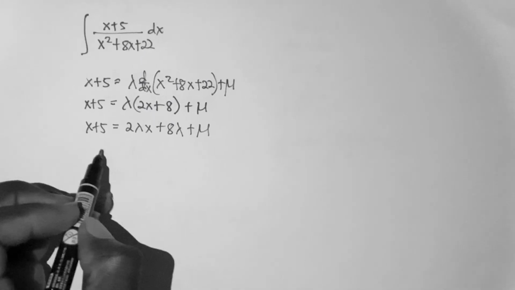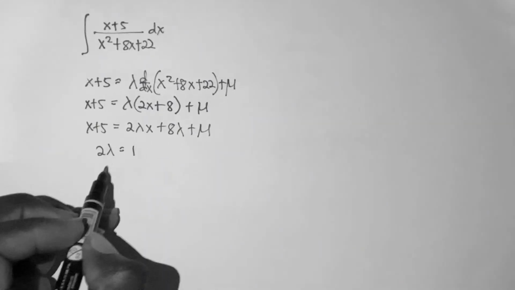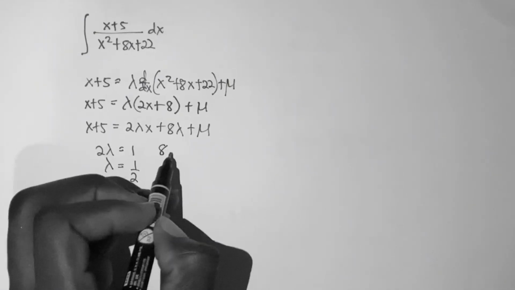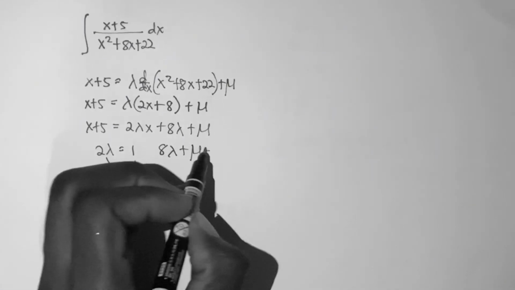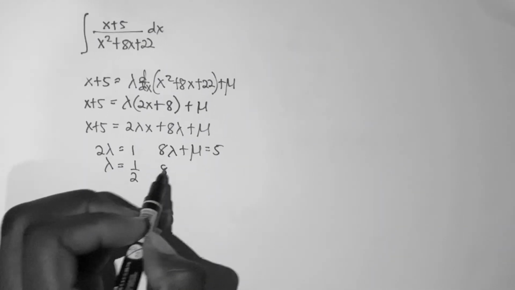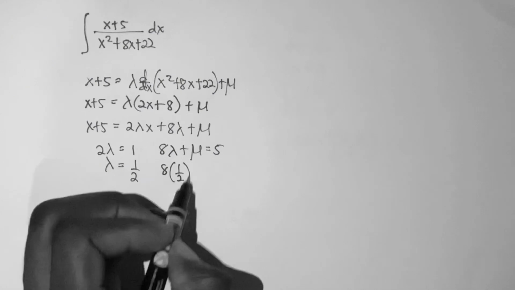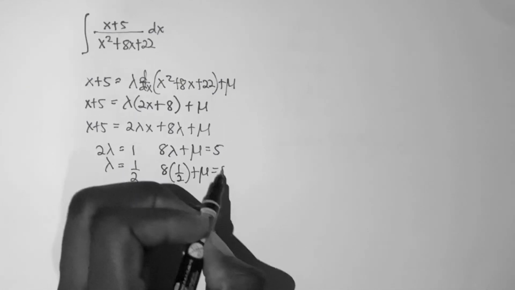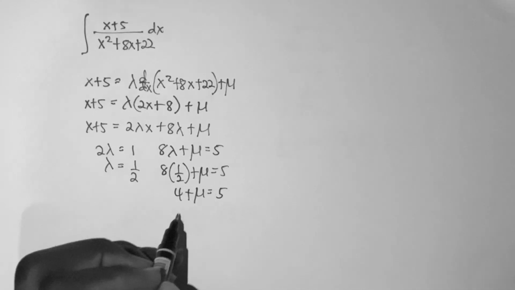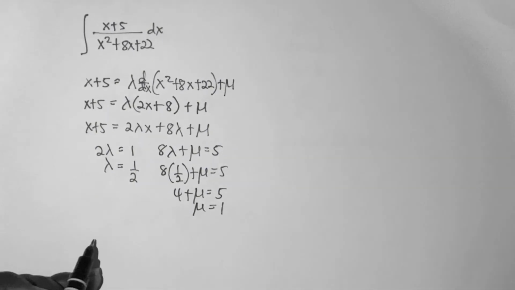So what it means is that 2 lambda is equal to 1, and therefore lambda is equal to 1 over 2. But we know that 8 lambda plus mu is equal to 5 in this case. So lambda is equal to 1 over 2, so 8 times 1 over 2 plus mu is equal to 5. So 4 plus mu is equal to 5. Therefore, mu is equal to 1.